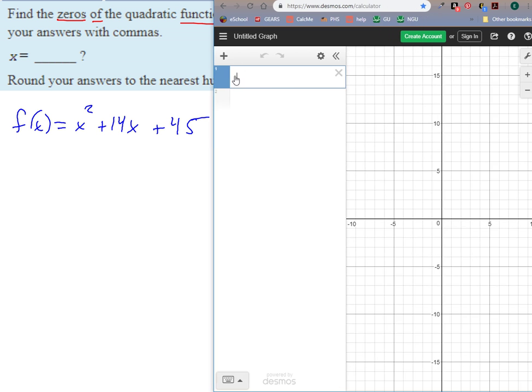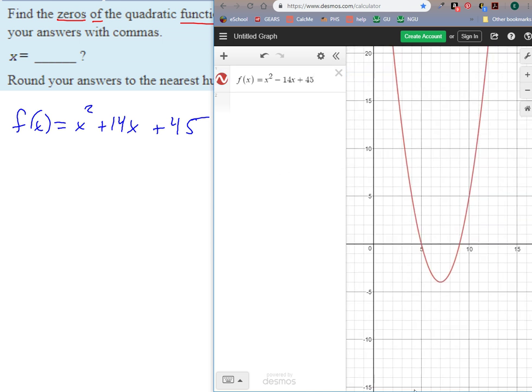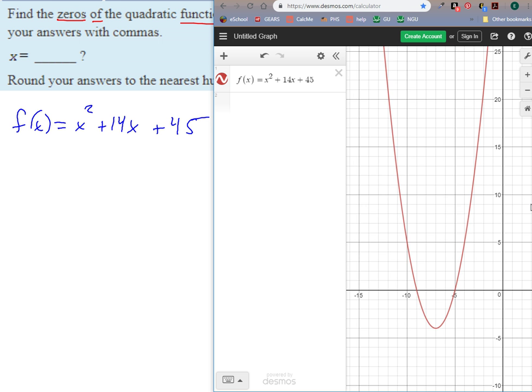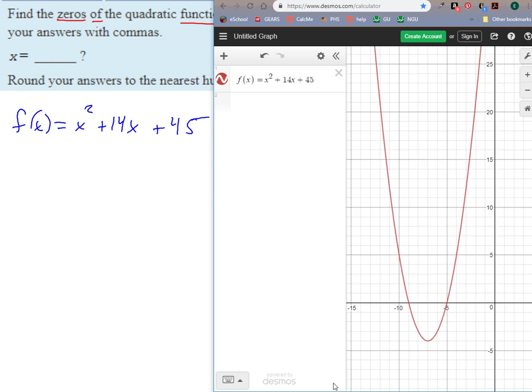So let's graph that function. In Desmos, if you use the Desmos graphing utility, which we're going to start using a lot real soon, I just type it in as f of x equals, x squared plus 14x plus 45. That's what I get. Oops, I did a minus instead of plus. Okay, so it's over here instead. So there it is. Okay?